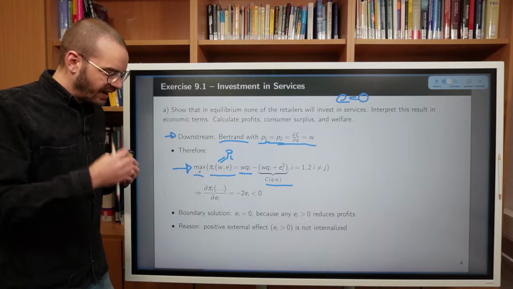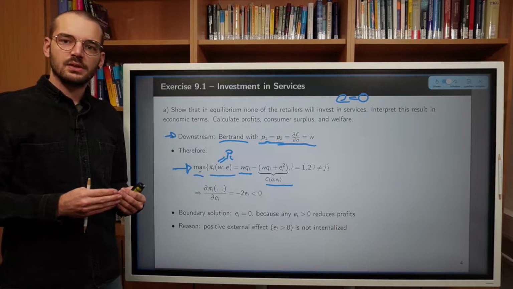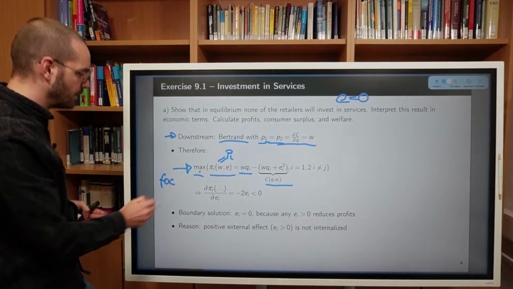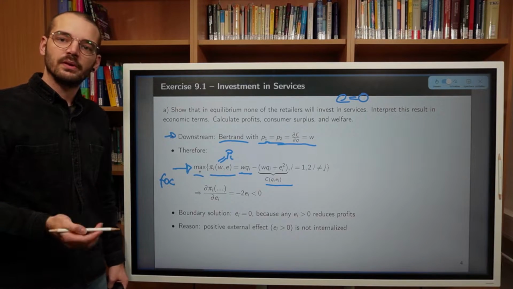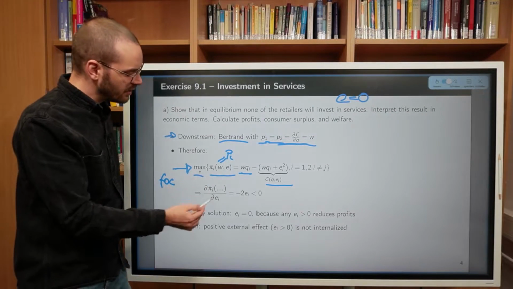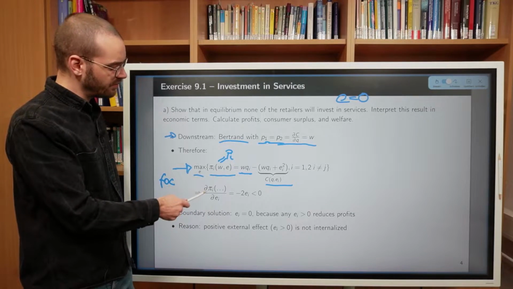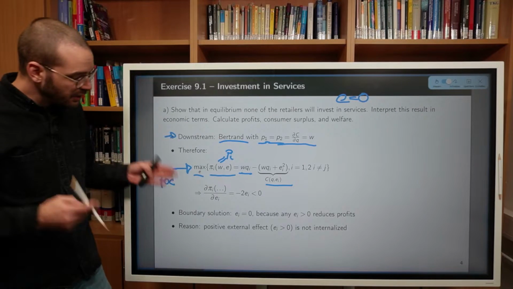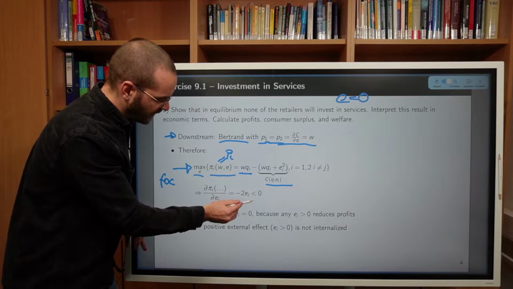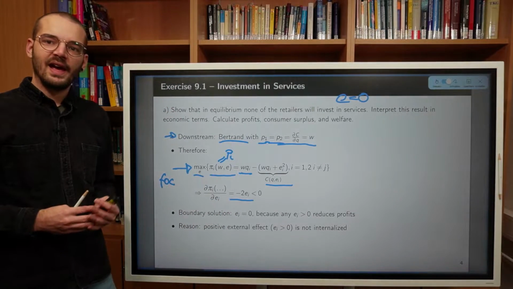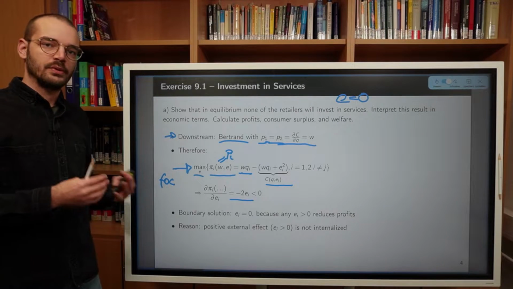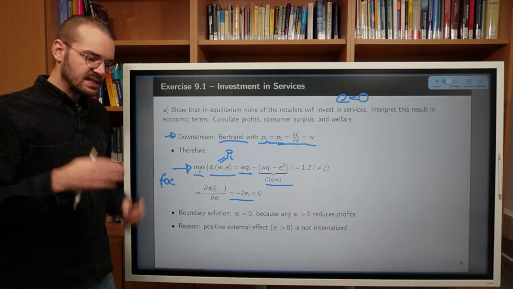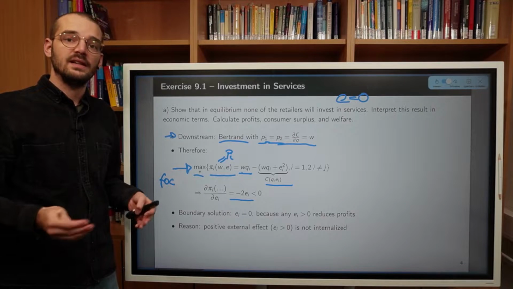And then if we want to find the profit maximizing amount of services, we of course have to start with the first order condition of the profit maximum with regards to this parameter E. So what we are doing is calculating the first order derivative of the profit function with respect to the amount of services, EI. If we do so, we immediately notice that this derivative has a negative sign, which of course implies that for any amount E, the profit of this firm is decreasing in E, right?